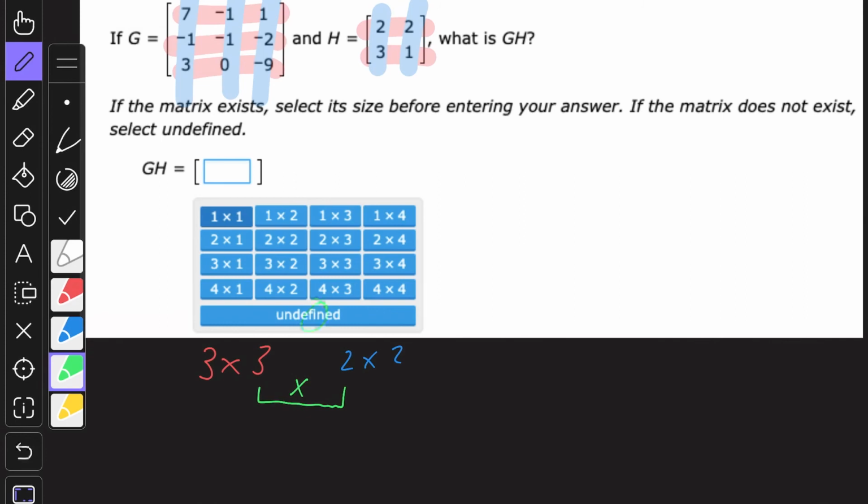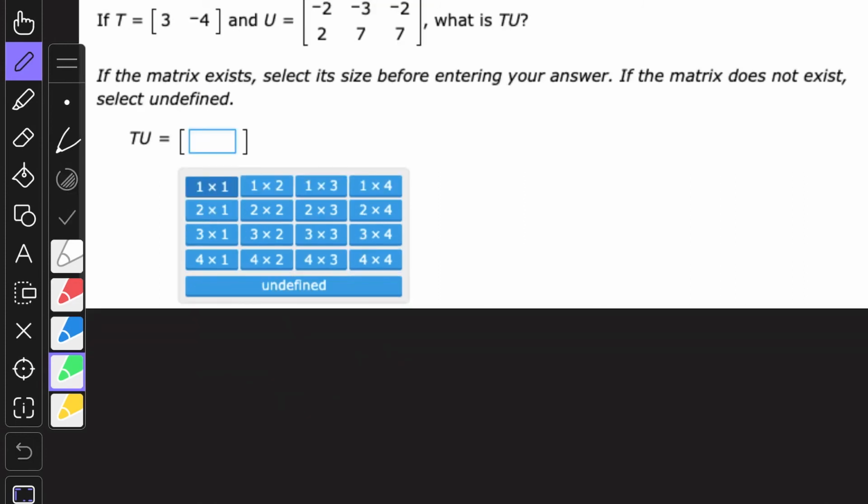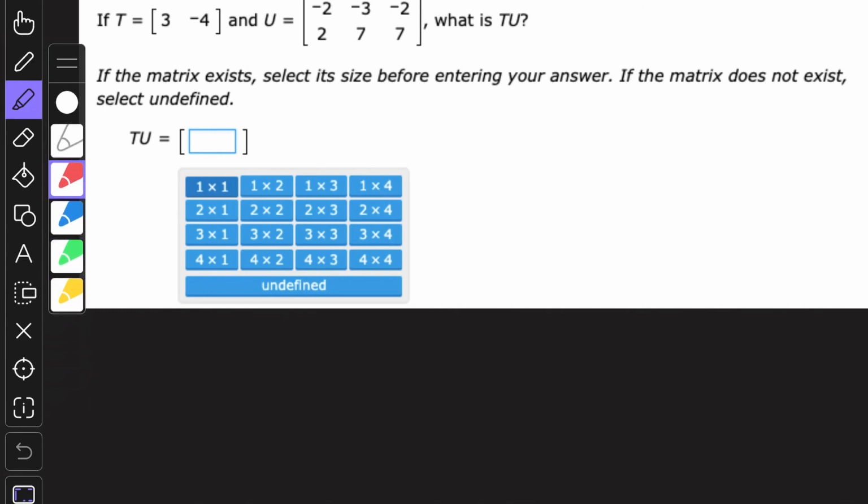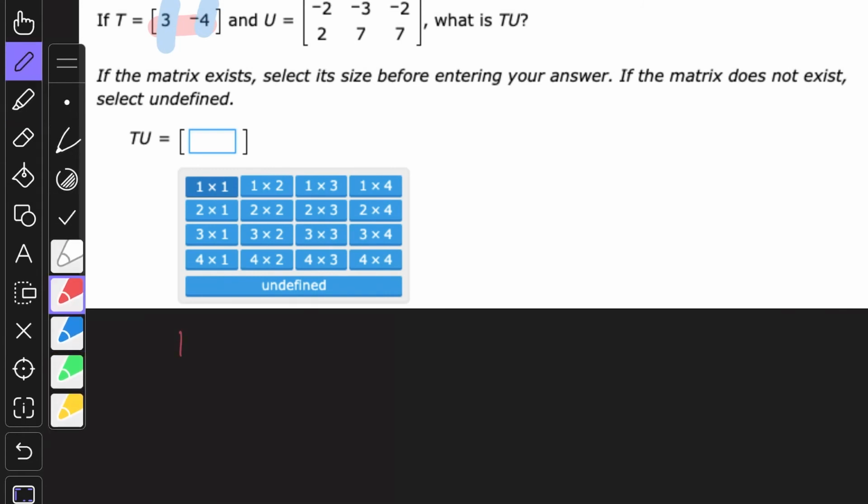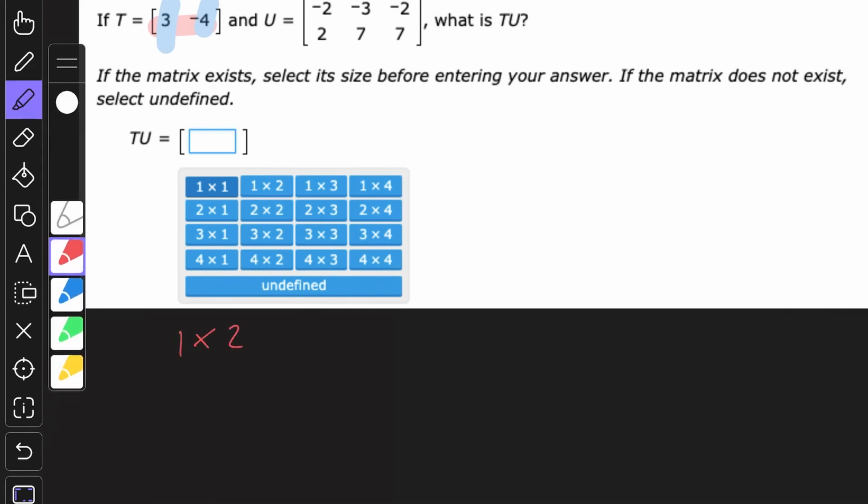All right, last problem. So same thing, we're going to figure out how big our answer is, and then we'll move on to typing it in if we can do it. So I'm looking at matrix T. It has 1 row and 2 columns. So that is a 1 by 2.